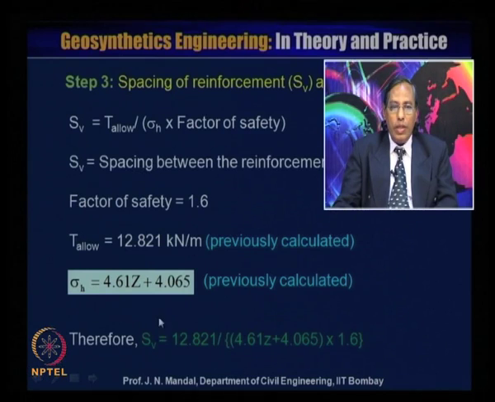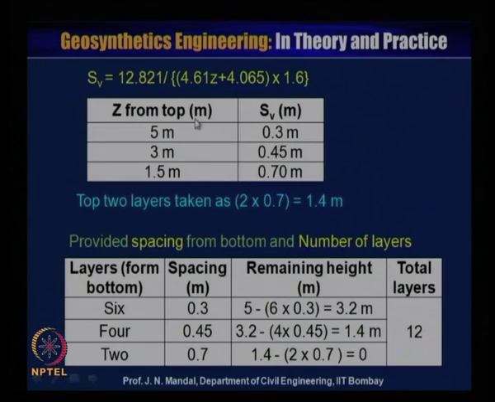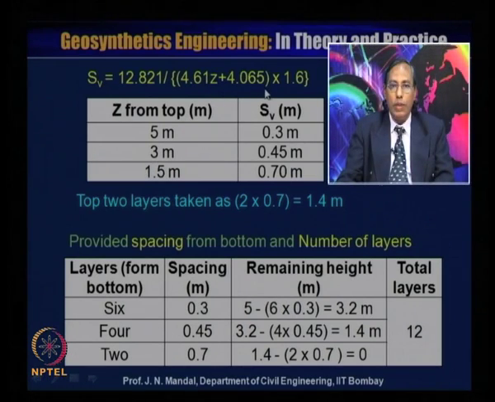Therefore, SV will be equal to 12.821 divided by (4.61 Z plus 4.065) into 1.6. So, we can obtain SV in terms of Z.